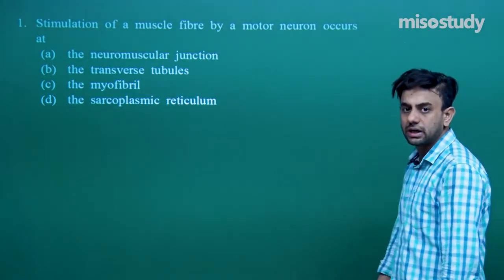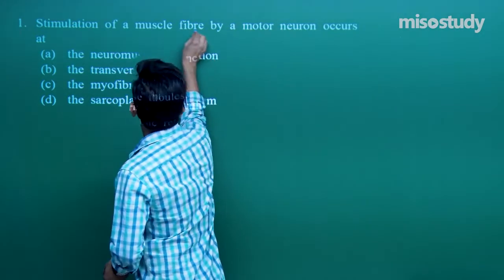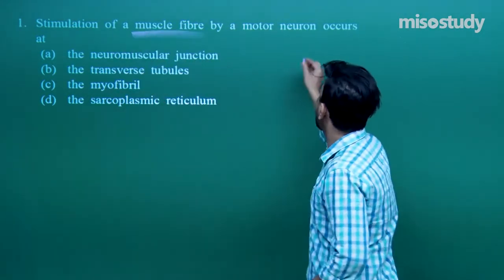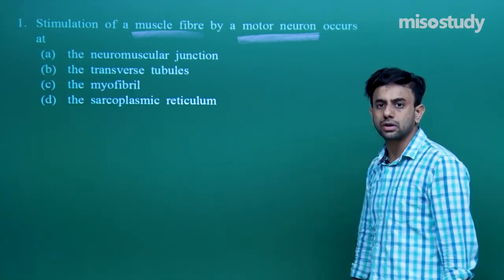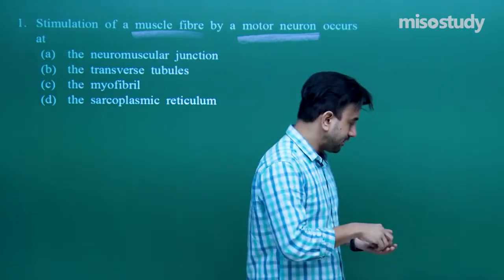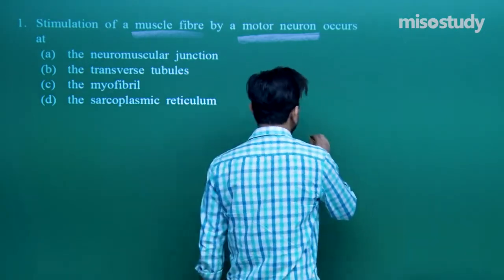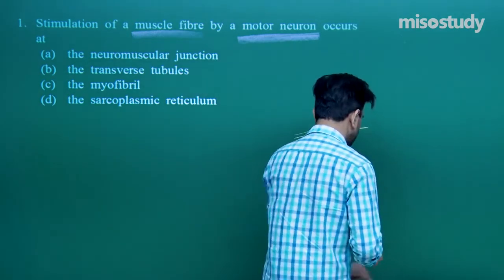So what we see here is that there is a muscle fiber and a motor neuron. We all know that there is an impulse which is traveling along a neuron we are talking about.